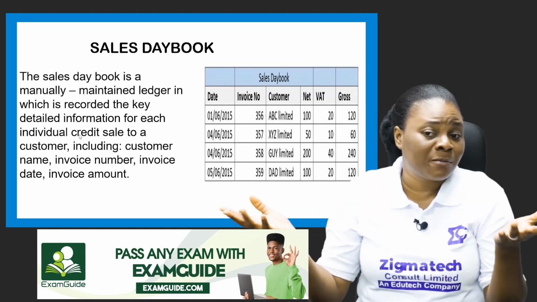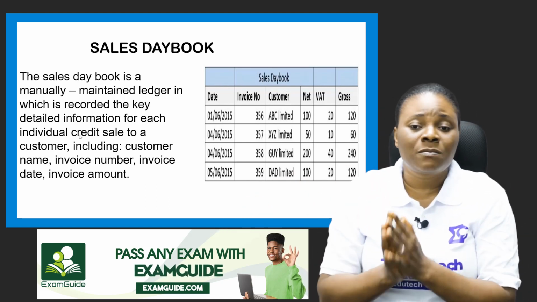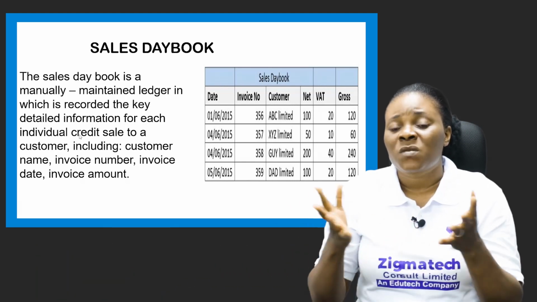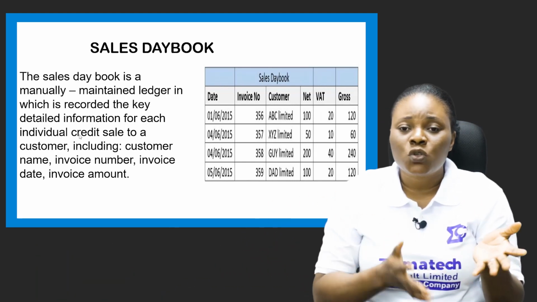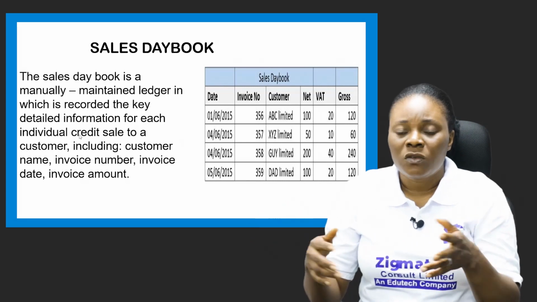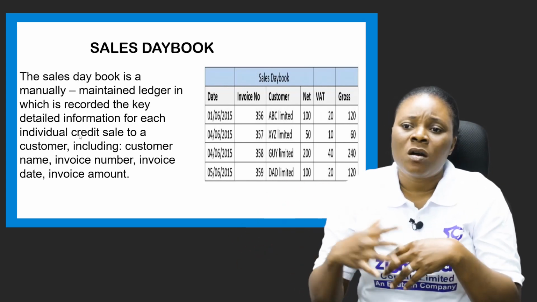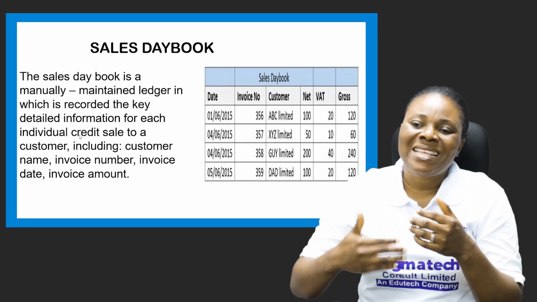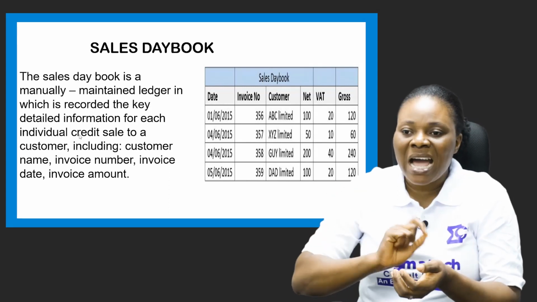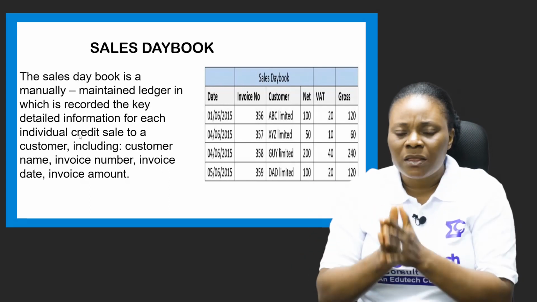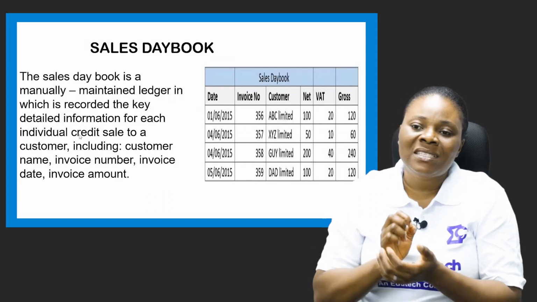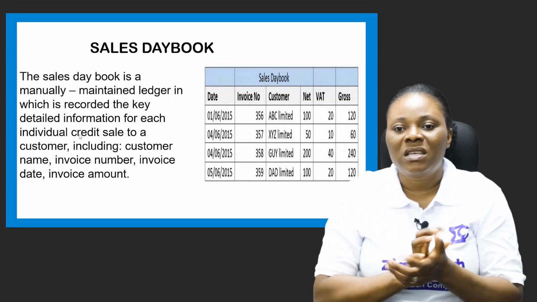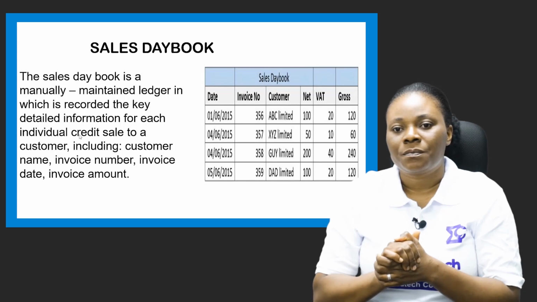Remember, I've explained the meaning of credit sales. Goods sold on credit. You sold goods to a customer and the customer has promised to pay by the end of the month. It has to be recorded. And the book where these items are recorded is called the sales day book.